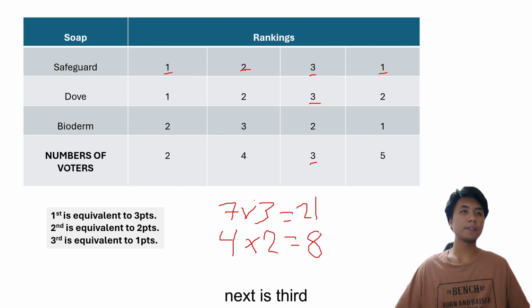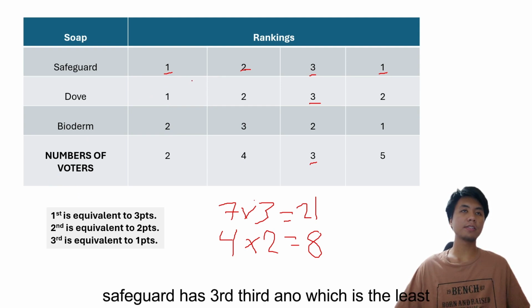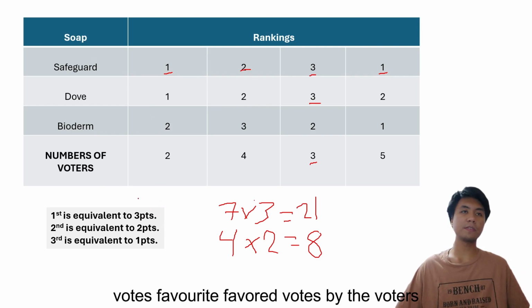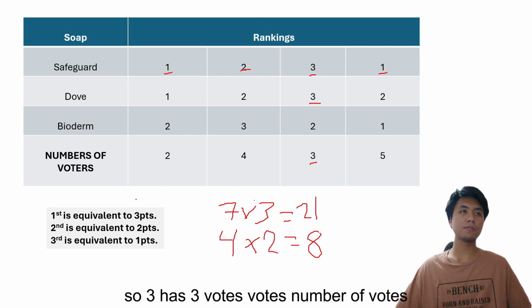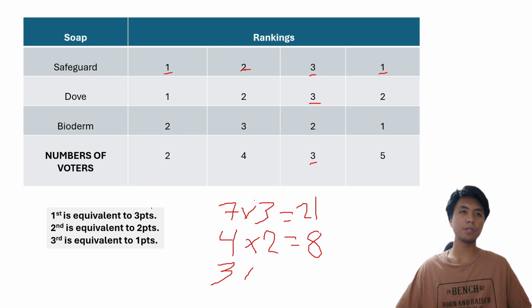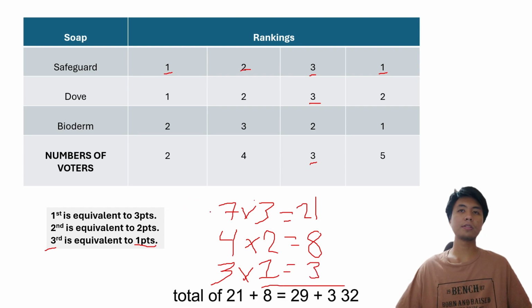Next is third, which is the least favored by the voters. Safeguard has 3 votes in third, and third is equivalent to 1 point, so 3 times 1 equals 3. The total is 21 plus 8, 29, plus 3, 32.